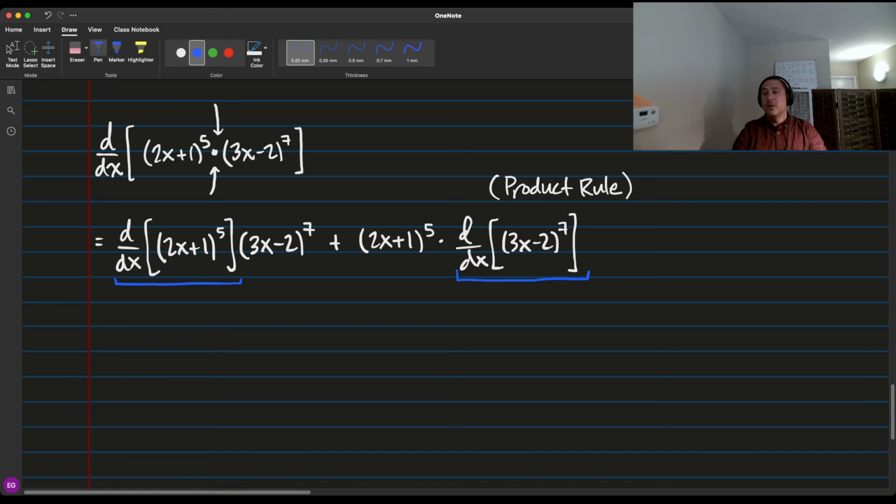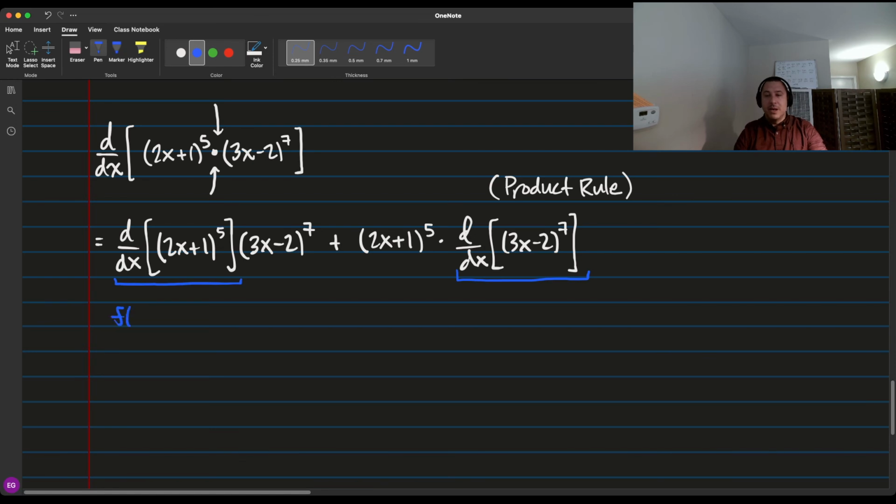Not the exponential rule, not the power rule. You would do it if you had x to the 7th or x to the 5th. Notice we're feeding something into that 7th power and the 5th power, so you can't use the power rule. What do you use instead? That we just learned. We're going to use the chain rule.